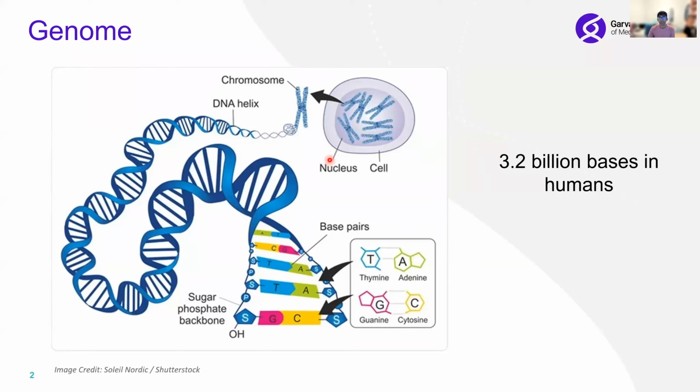The interesting thing is, this is like a blueprint of life. All the information necessary to make a particular individual from scratch, and also how the living being would function throughout life, is coded into this DNA.